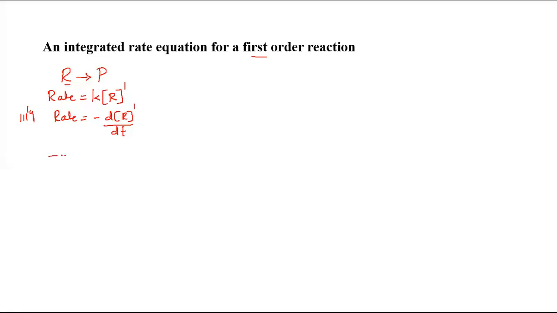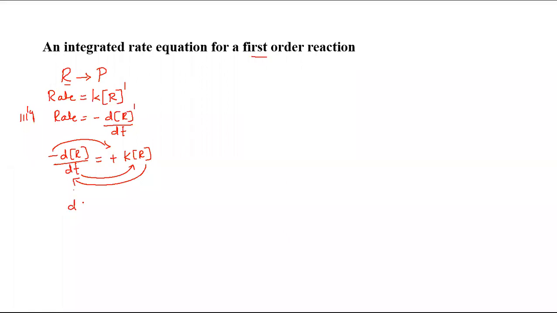Then what we'll get? Minus d[R] by dt is equal to minus k into [R]. R to the power of 1 is nothing but R. So minus, minus cancel. I am sending dt towards the RHS side, and R towards the LHS.